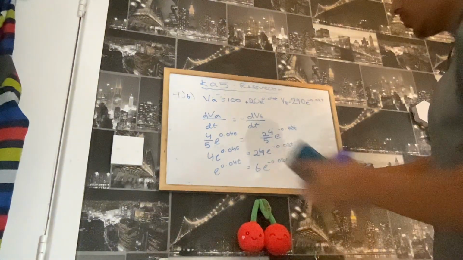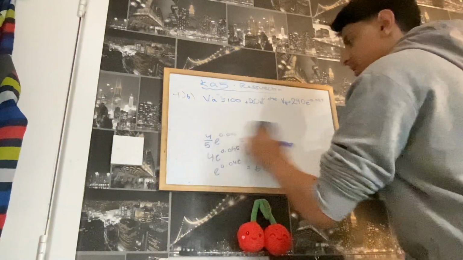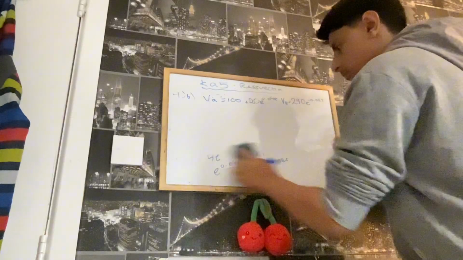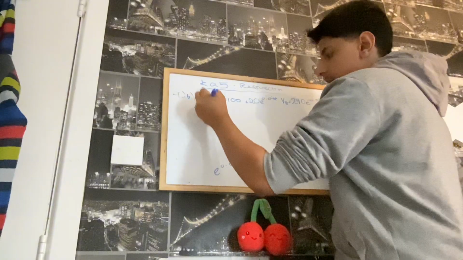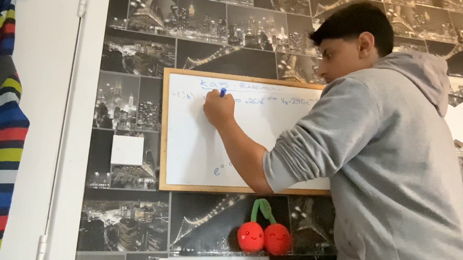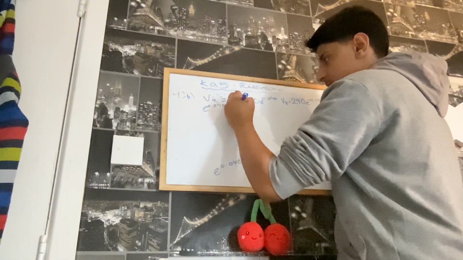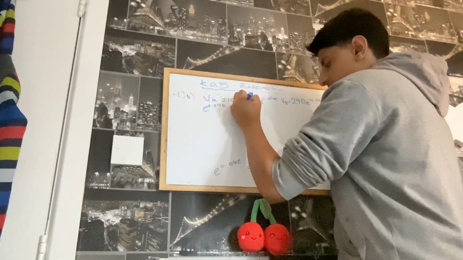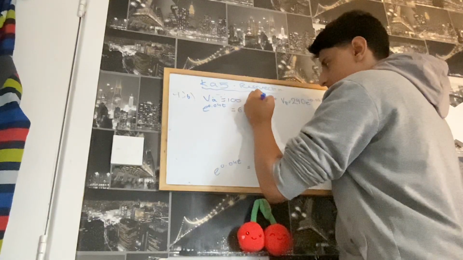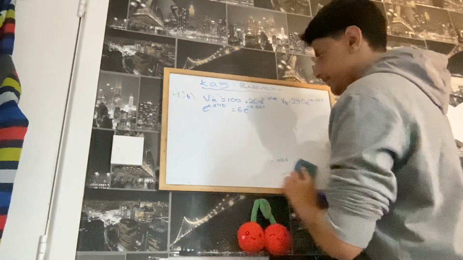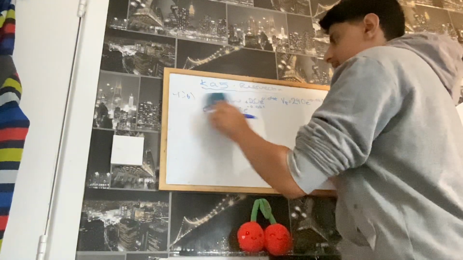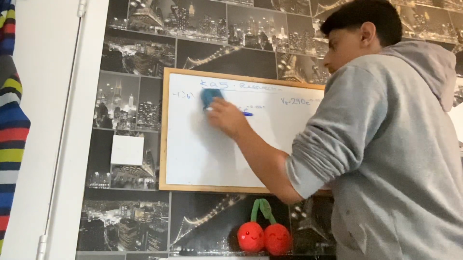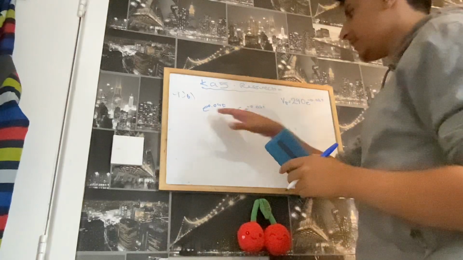I'm just going to drag that up, so I'm going to remove all this. We don't need this anymore. So e^(0.04t) is equal to 6e^(-0.02t). Now we're left with this.